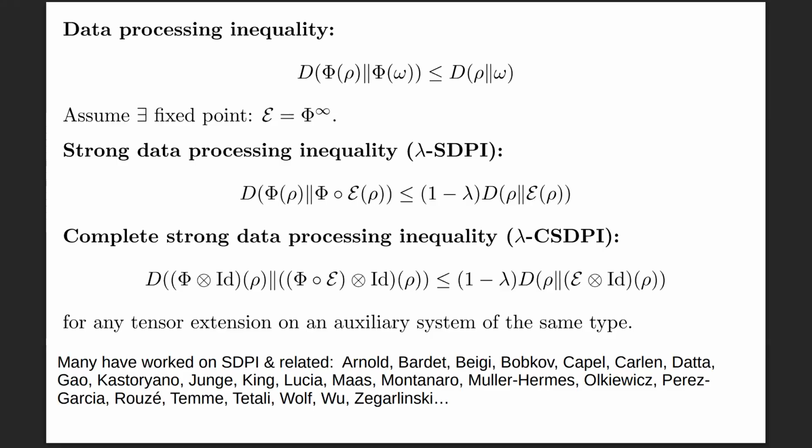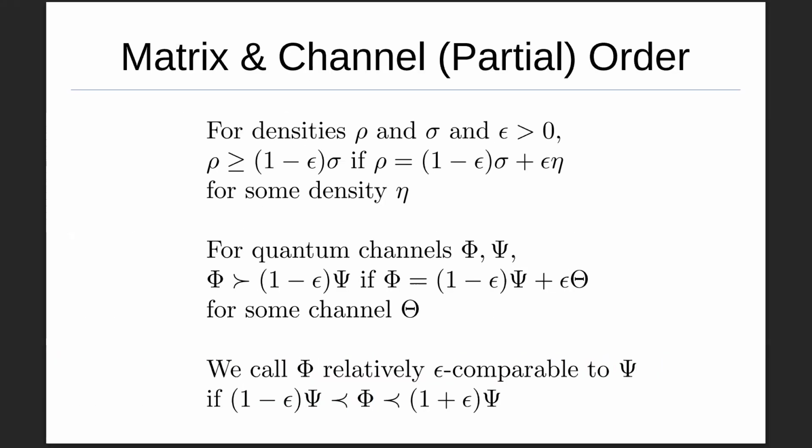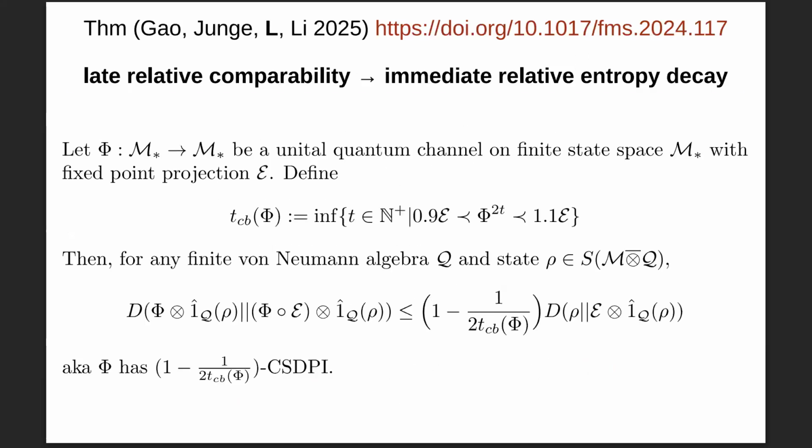And a lot of people worked on this. You've already seen that, I think, CP order. A few years ago, I worked with Marius Junge and Li Gao and Haozhan Li on this. And we came up with a very useful theorem which says that if you have, in the long time limit, decay in this relative error sense, which is a very strong sense, then a single application of the channel will actually give you a proportionate CSDPI constant.